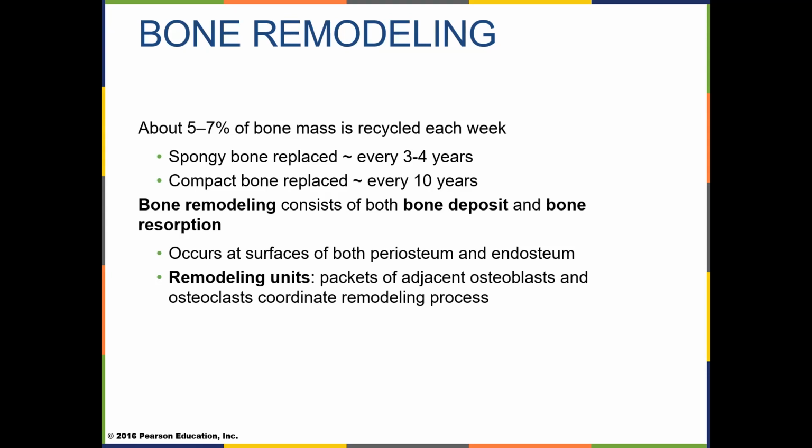And this remodeling process involves deposition of bone and resorption of bone, sucking up the calcium or laying down the calcium. Bone deposition, laying down calcium. Bone resorption, sucking up the calcium. And we do it at the site of the periosteum, and on the endosteum. And we end up using osteoclasts and osteoblasts together.